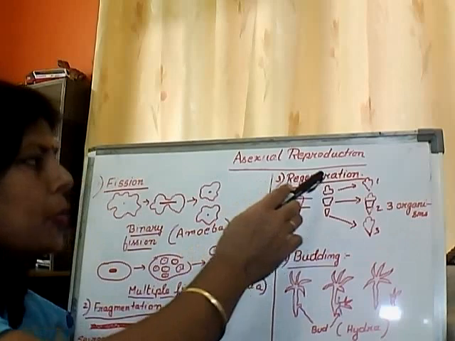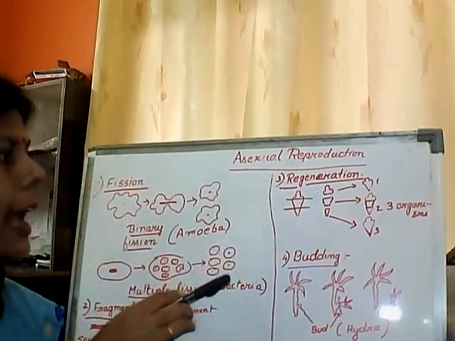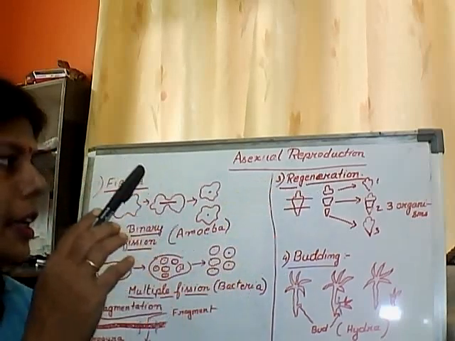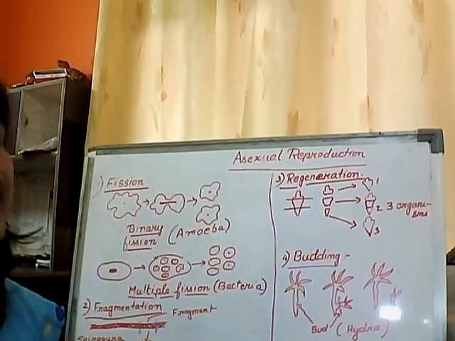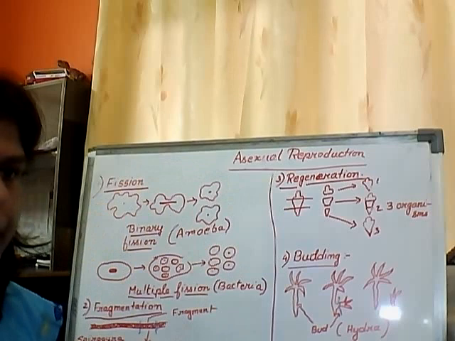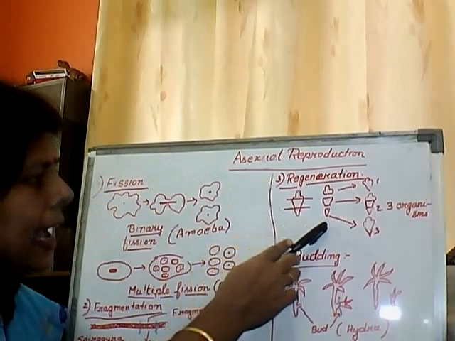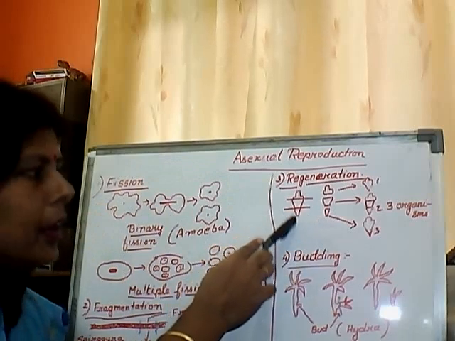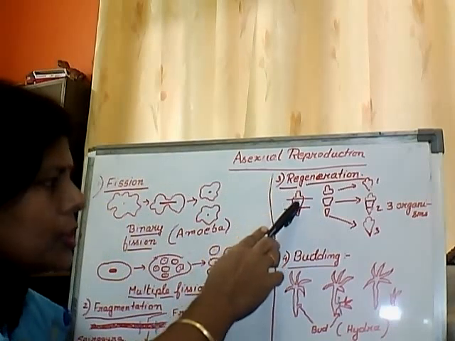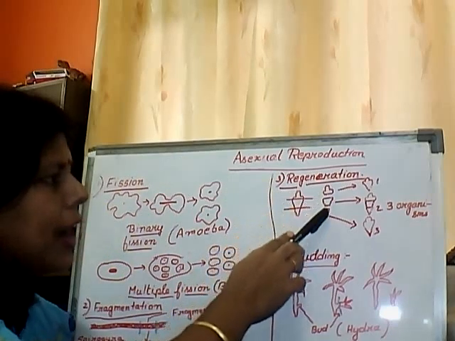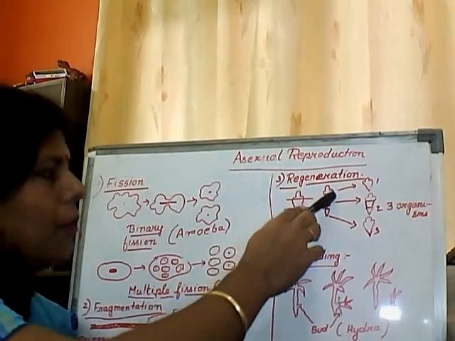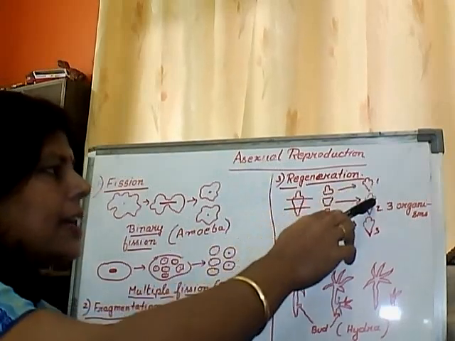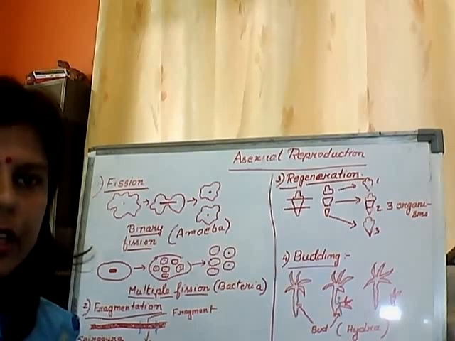And usually this process takes place in those organisms where due to some injury, their body has been divided into various parts. So here the example I have given is of planaria. Now this planaria, due to some injury, has been divided into 3 pieces, 1, 2, 3. From these 3 pieces, again it has given rise to 3 new individuals.